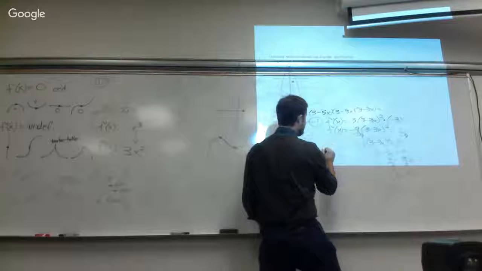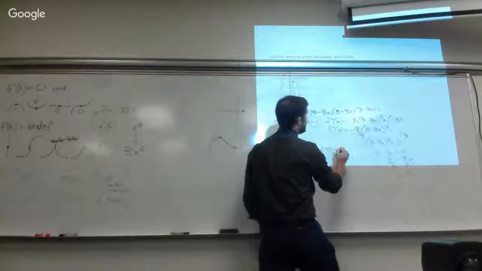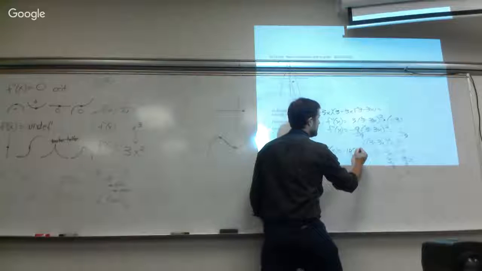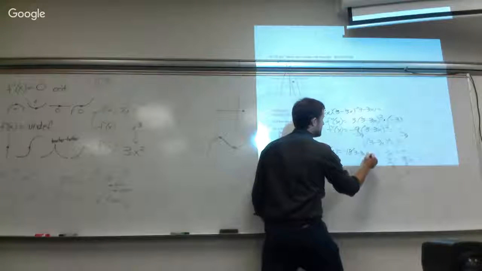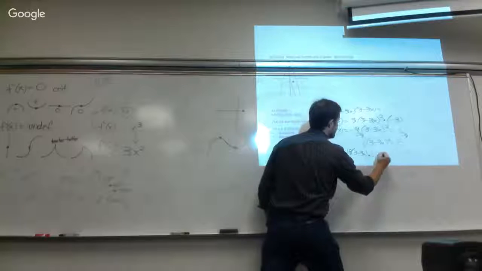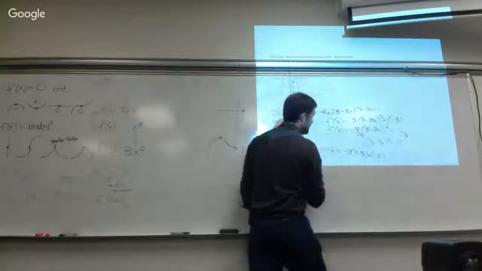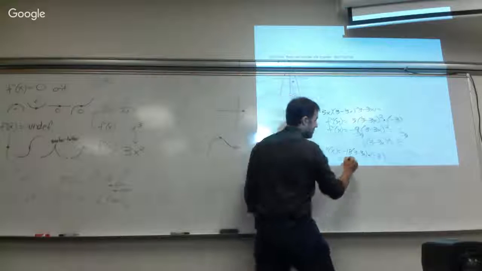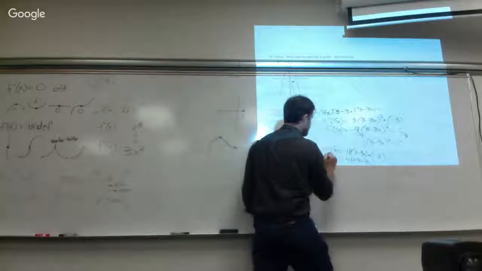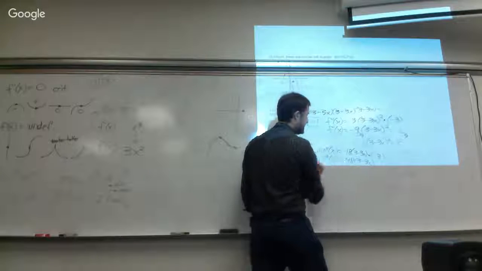So the second derivative, we have to do the chain rule again, would be, oh boy, negative 18 times 3 minus 3x times negative 3 again, which is 3 times 18, 54, times 3 minus 3x. So that's our second derivative, and we have to plug 1 into that.